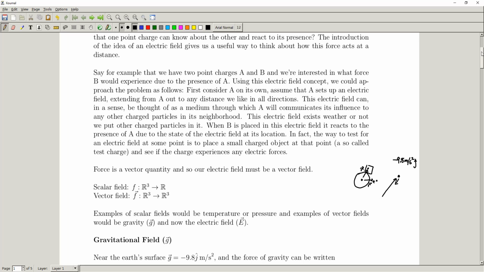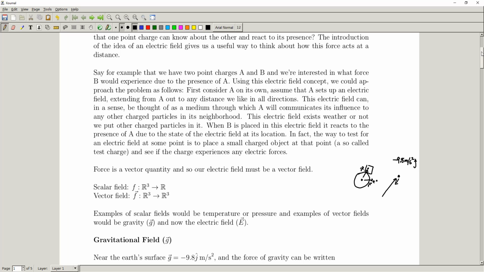We could consider particle A on its own, and then we think about the electric field as this background medium through which A is going to be able to communicate its influence to all other charged particles in its neighborhood, right? And so we place A in this electric field. We see how A changes the electric field. And then when we place B into the electric field, we can see how B reacts to the electric field, which has now been changed by the presence of A.